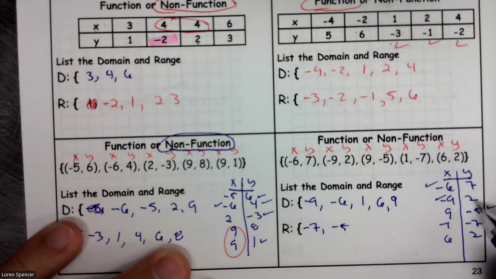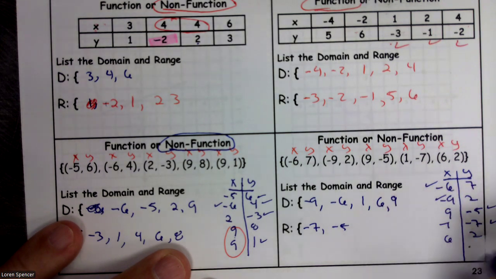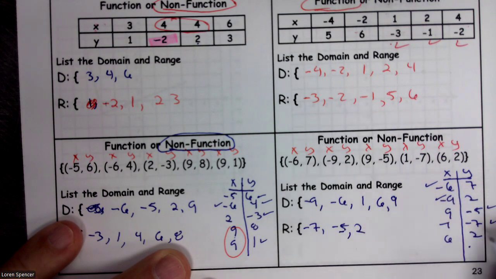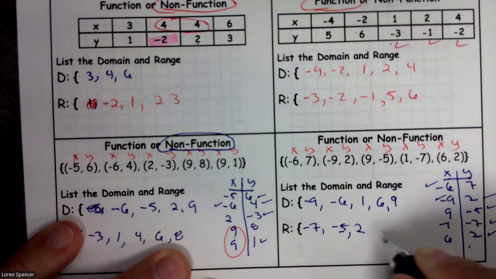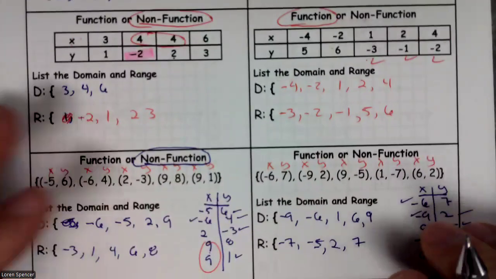My twos repeat. I do have repeating twos, but y's can repeat, so we don't worry about that. But I only need to write them down once. So the twos, that takes care of the twos. And then we have 7. All right, so that takes care of that. Moving on to the next.